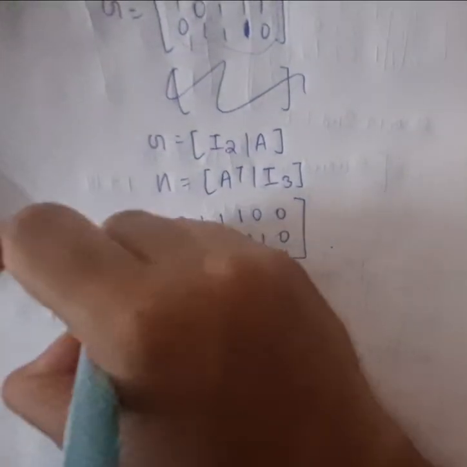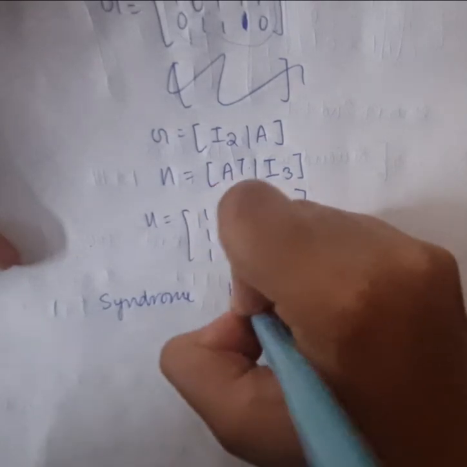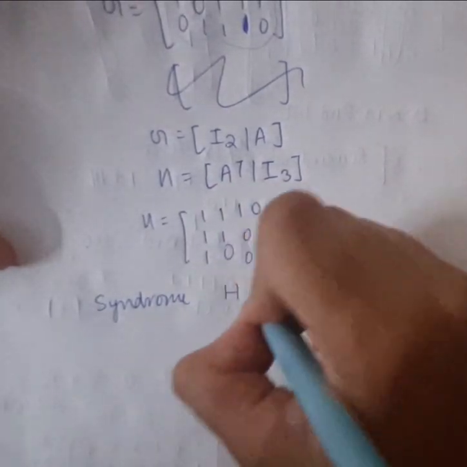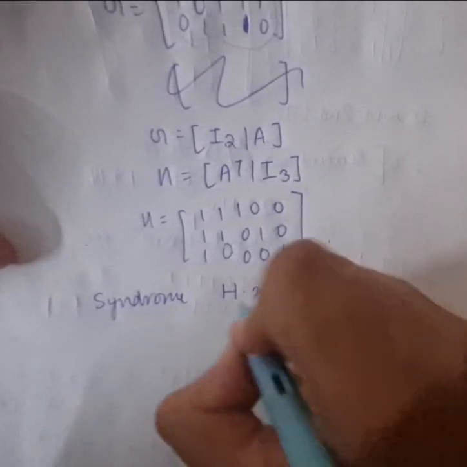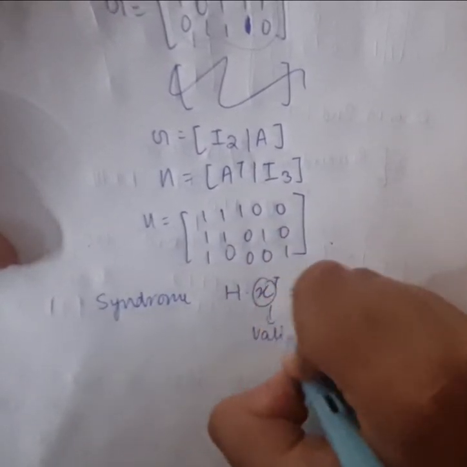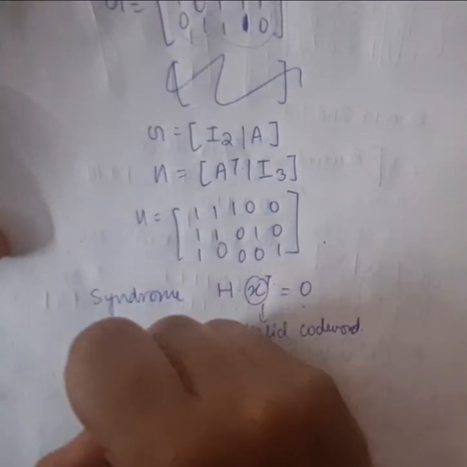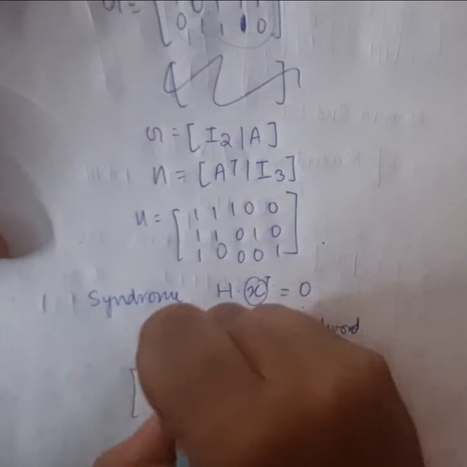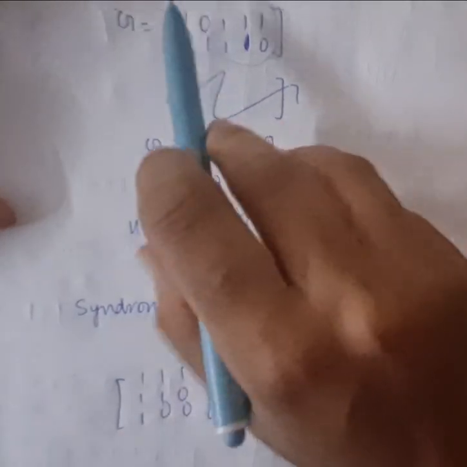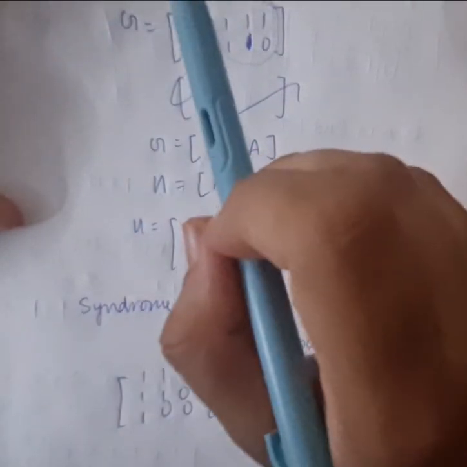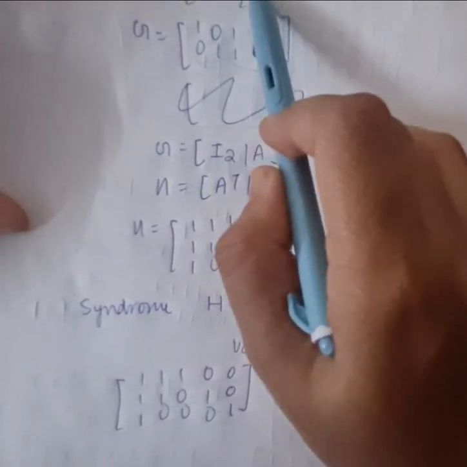Now, the syndrome is the value you get when you multiply H by the received code word transpose. If that is equal to 0, that means that this is a valid code word. So now we'll exploit this fact. Let's take H as 1 1 1 0 0, 1 1 0 1 0, 1 0 0 0 1, and the received word, which is the encoded word after transmission and some noise, will be of size 5.